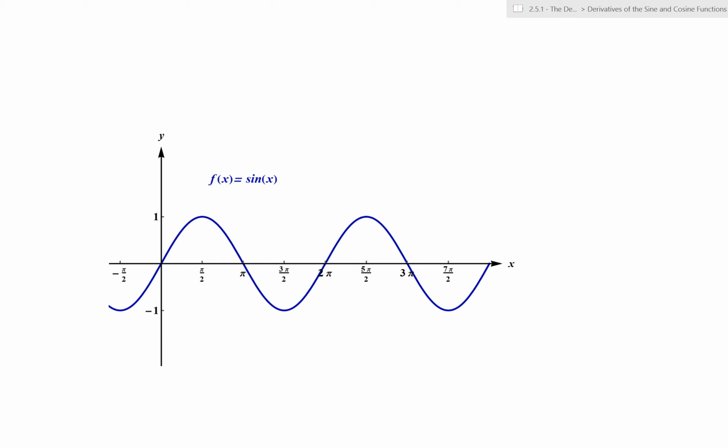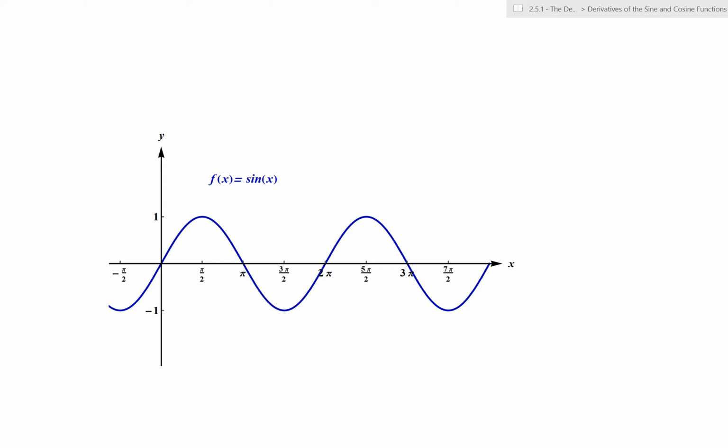No corners, no holes, no asymptotes, and of course it's periodic. So for that reason, we should expect its derivative to be defined for all real numbers, first of all, and also for its derivative to be periodic, since the slopes of the function repeat themselves over and over at regular intervals.